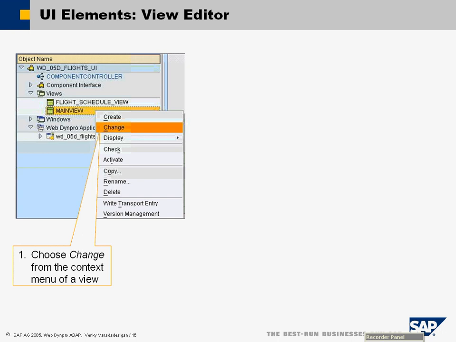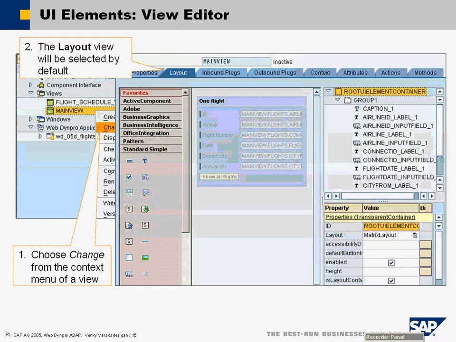Root UI element container. Okay, so the view editor, we have already seen this. That's why I gave a short demo so that you can really understand how it works. If you want to work with the view editor where you design your view, you can go to the Web Dynpro component, right click to get the context menu, and create or change an existing view, and it shows this screen with different tabs.